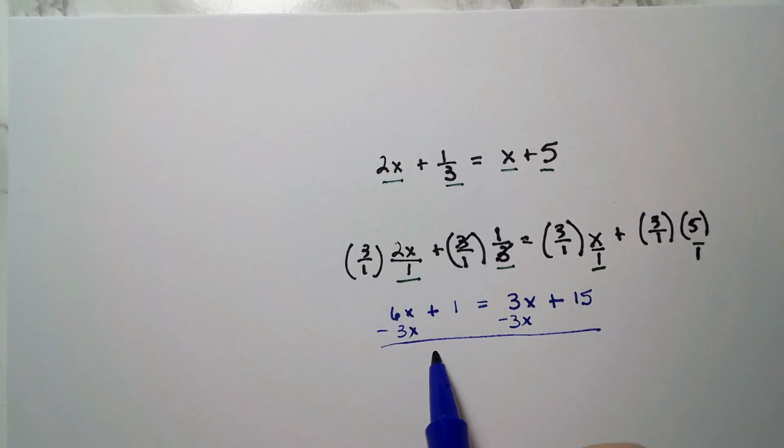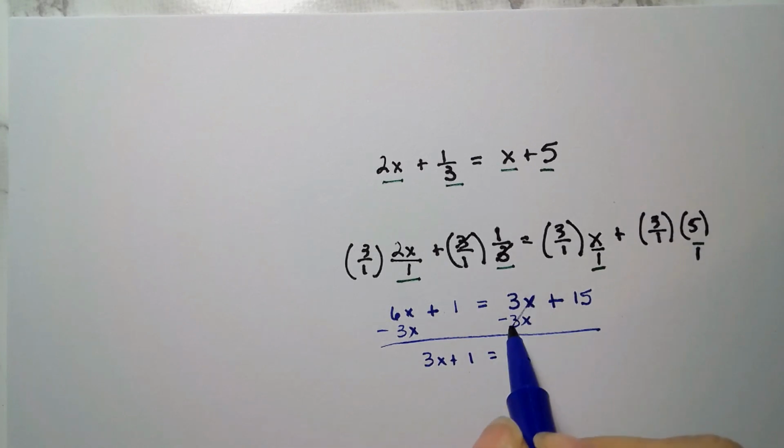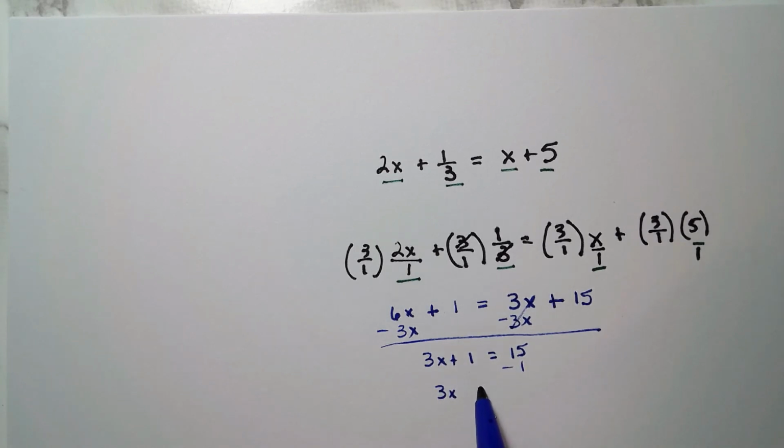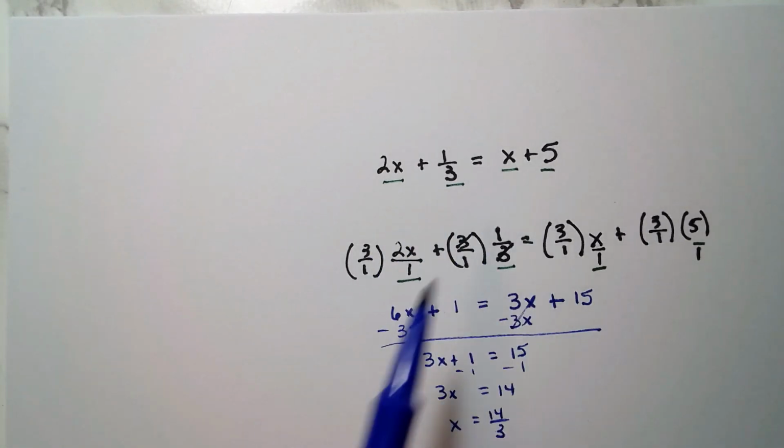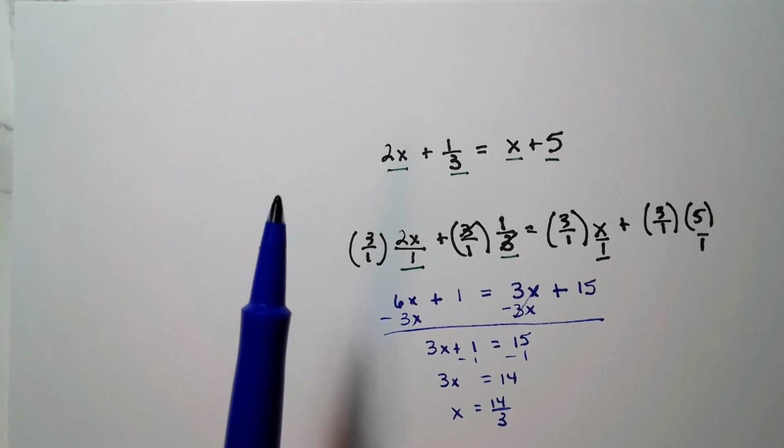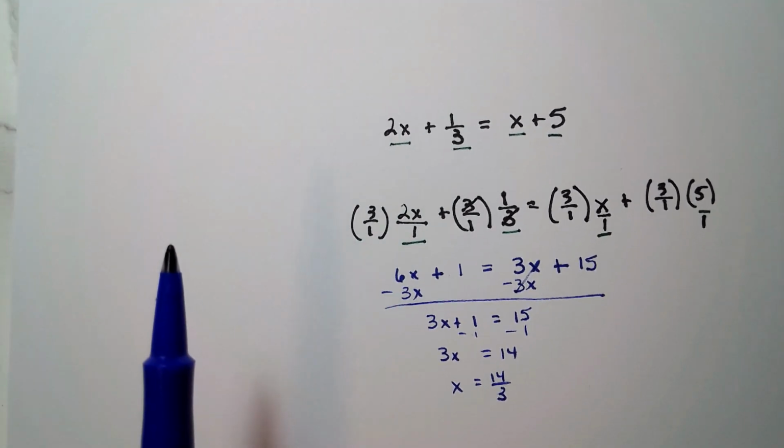So combining like terms, we have 3x plus 1 is equal to 15. If I subtract 1 from both sides, I have 3x is equal to 14, so x is 14/3. And if I want to find y, of course, you know what to do there. I can plug it into here, or into some other equation if I'm given another equation, and solve for y.